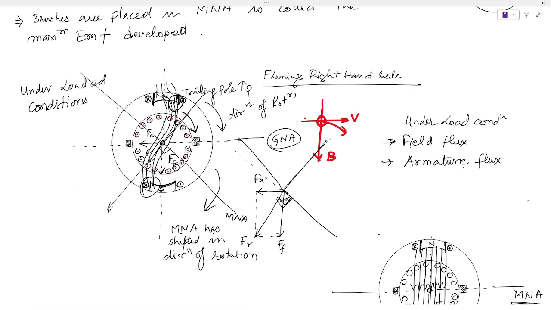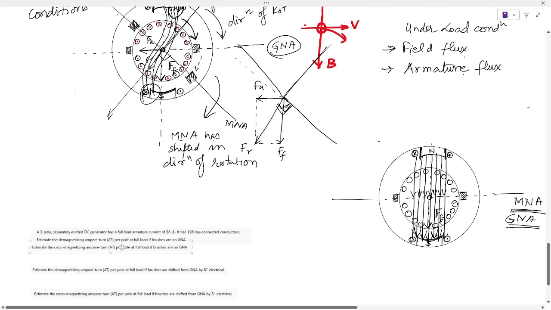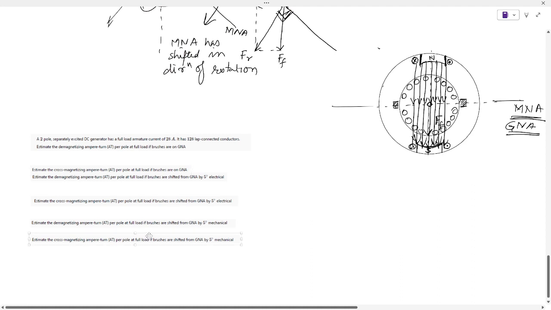Now we need to shift the brushes, which is called brush shift, to avoid problems in commutation and collect maximum EMF. But what is the disadvantage of brush shift? Why is brush shift not a possible solution? Can anyone tell me? You might have gone through the lectures of sir. Why is shifting the brush not a viable solution?